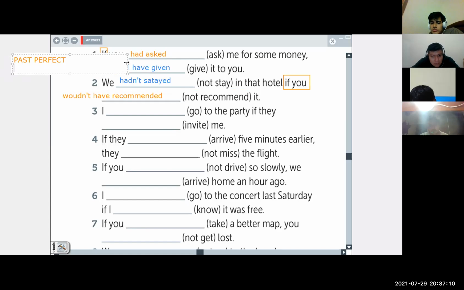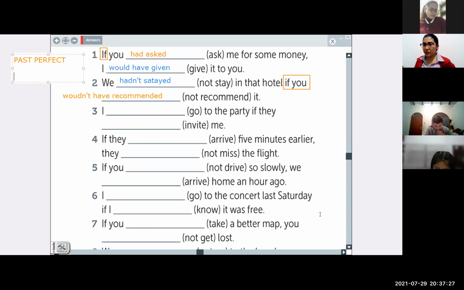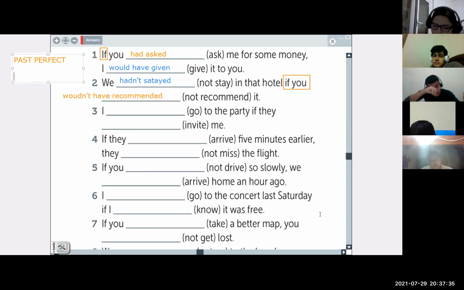I don't remember very well. Necesitamos un auxiliar, ¿cierto? ¿Cuál es el auxiliar que necesitamos? María José. Mire el ejemplo de su compañero, el 1. Fíjese en el ejemplo. ¿Qué auxiliar necesitamos?